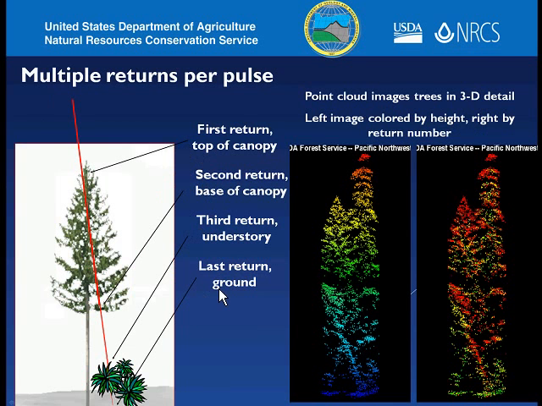What's neat about these pictures right here is that they show the tree in 3D, and then it's colored by, on the left, the height, so red being the highest, blue being the lowest. And then on the right side, it's by its return number. So as we noted here on the left, there are multiple returns that make up this tree in 3D.